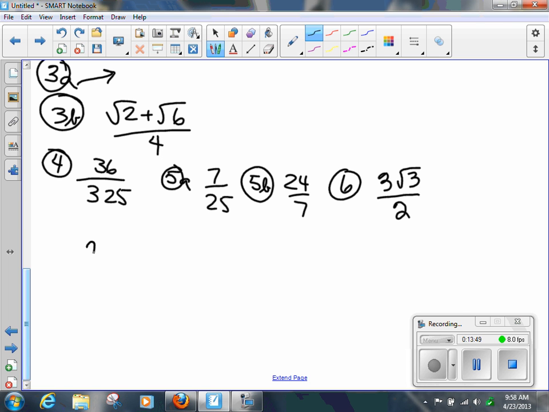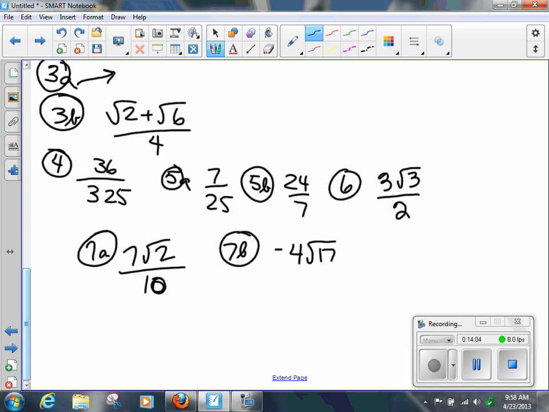And 7A is 7 root 2 over 10. And 7B is negative 4 root 17 over 17.